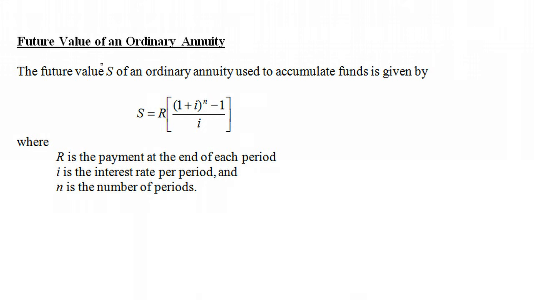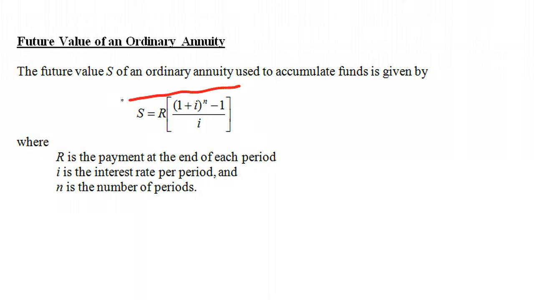This says the future value S. Previously we've been using A for the future value, but we're going to use S when we're talking about annuities. The future value S of an ordinary annuity used to accumulate funds is given by this. S equals R, where R is the payment at the end of each period. In our case, the R was $1,500. The i is the interest rate per period, and n is the number of periods.